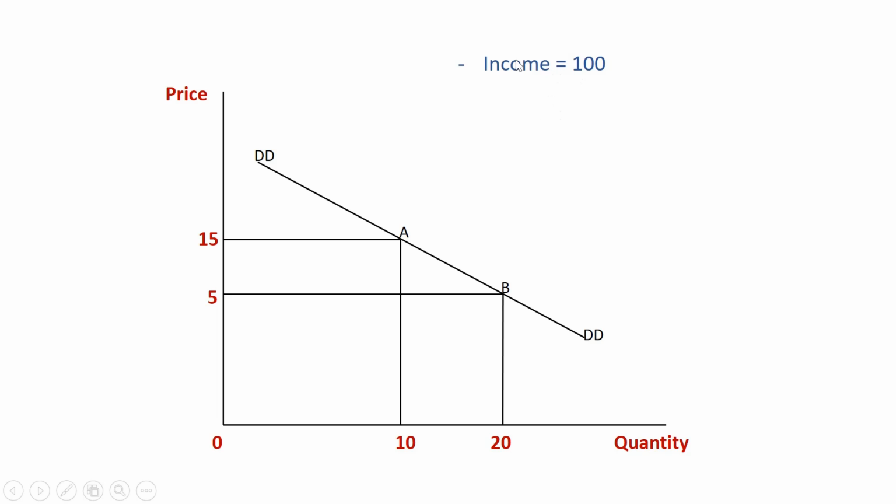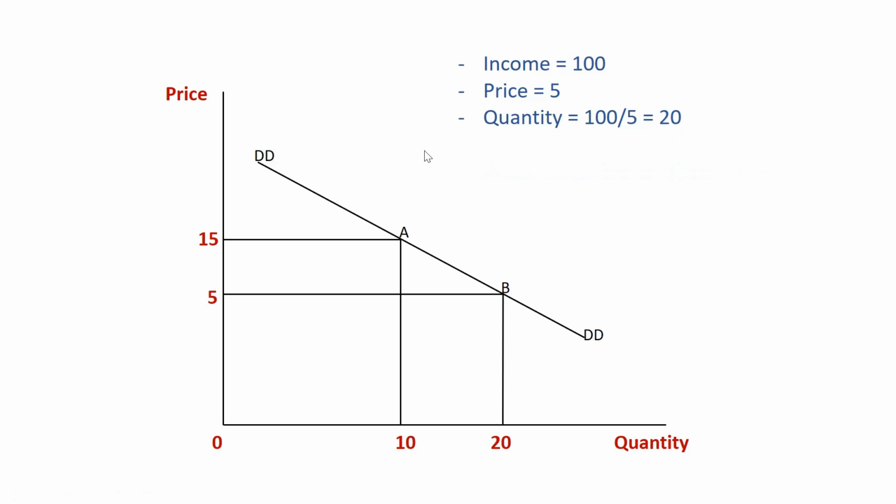So income here cannot change in our analysis. First of all, we start from a point where the price is 5 cedis. If the consumer is spending all the 100 cedis on the commodity, then we take the income and divide by price. That will give us the quantity of the commodities the consumer can purchase. So in this case, it is 20.